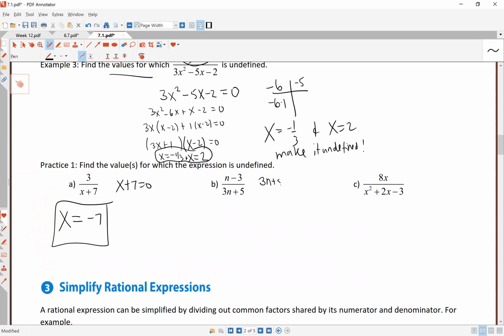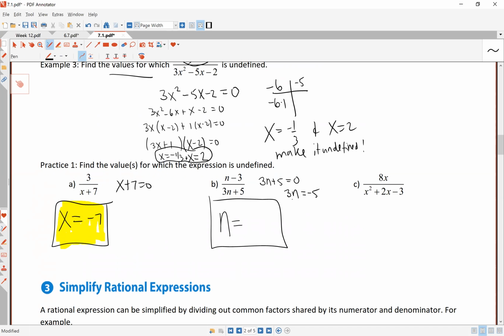What about the value for n that makes 3n plus 5 equal to 0? Remember, if you want to know when 3n plus 5 equals 0, you set it equal to 0, and then you subtract 5 from both sides.